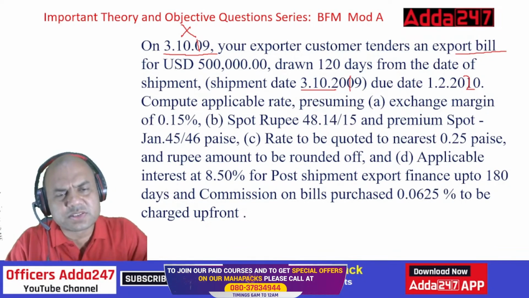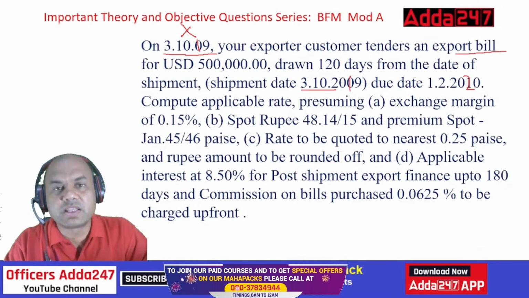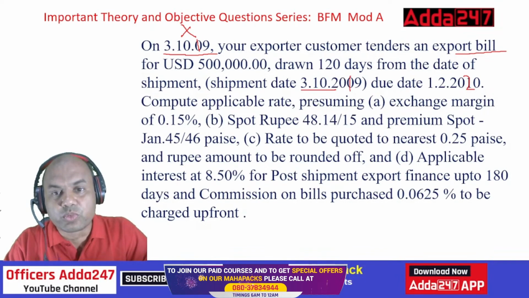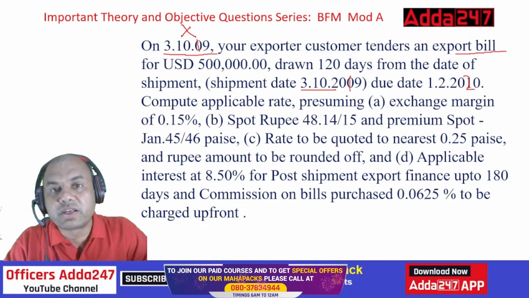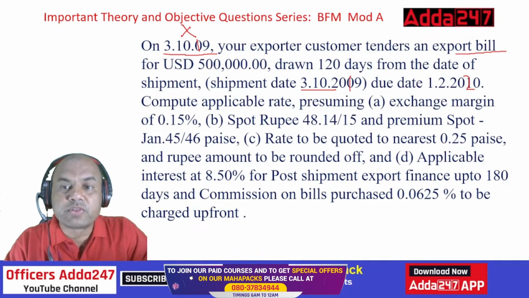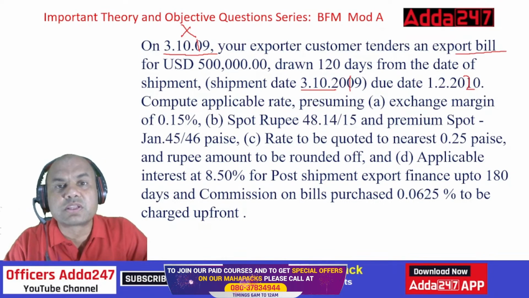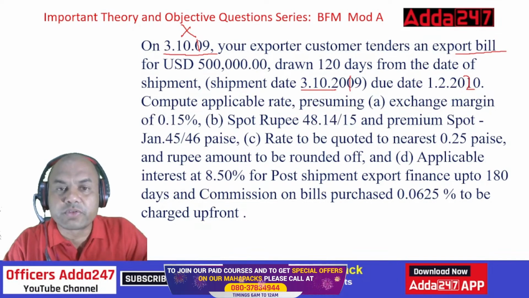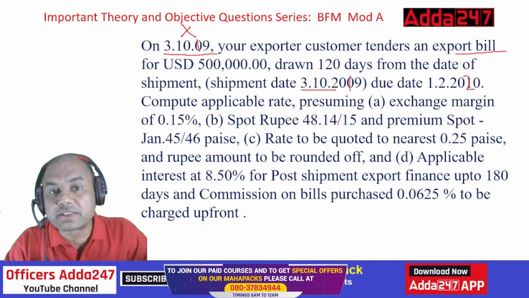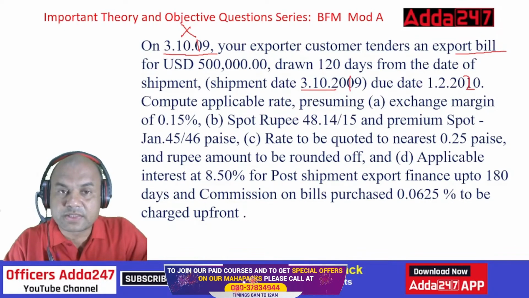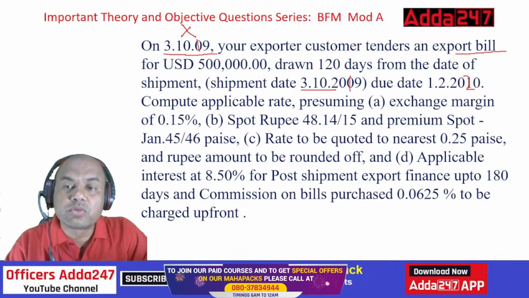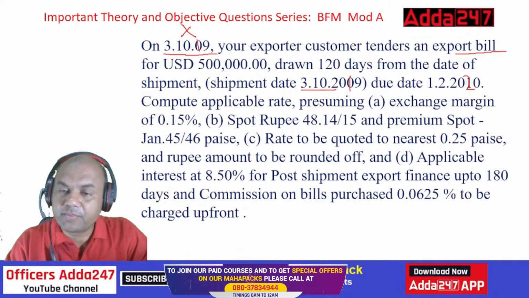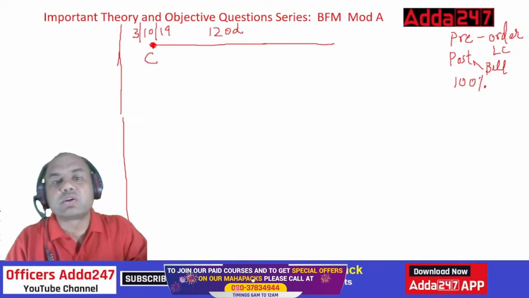So roughly 4 months: 11, 12, 1 and 2. So 3/2/2020 will be roughly the 120th day. But in between, October and December are months of 31 days, and January is also of 31 days. So there are 3 extra days, and these extra days will go back. So it will go back to 1/2/2020. So this bill will mature on 1/2/2020.